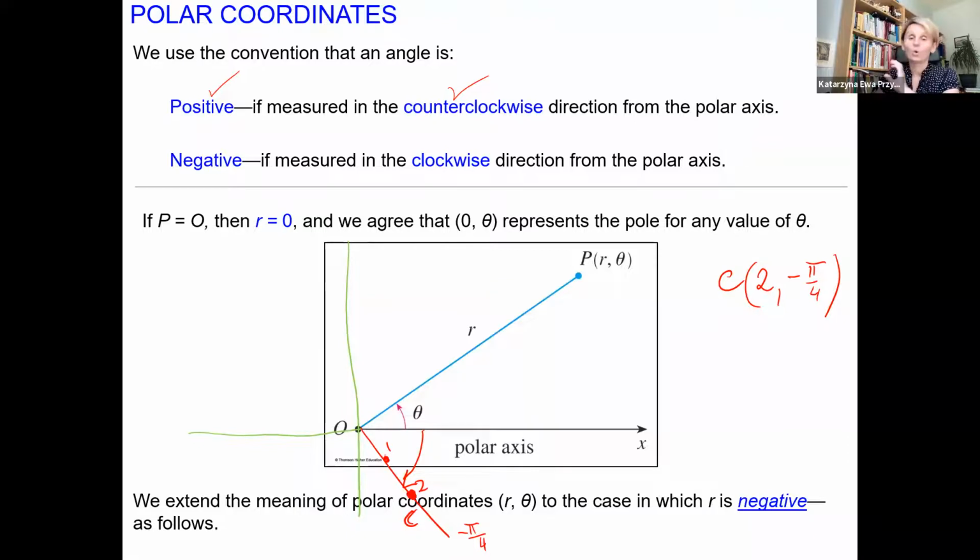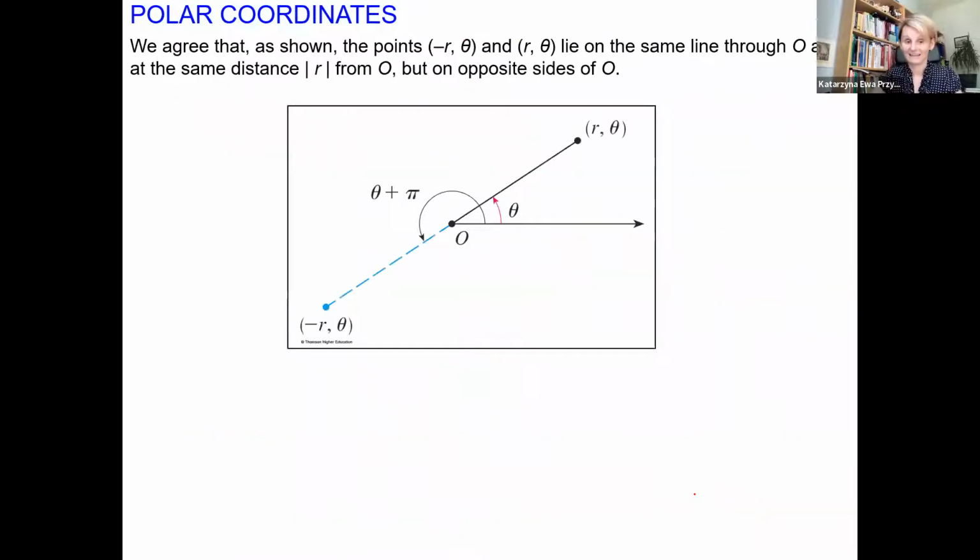Now, we will definitely have positive and negative angles. We know what to do, counterclockwise or clockwise, respectively. We can also add negative notation for the distance. But how will we indicate this? Let's look at this one.